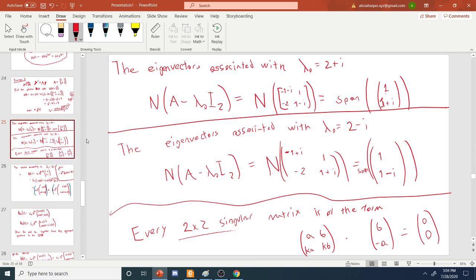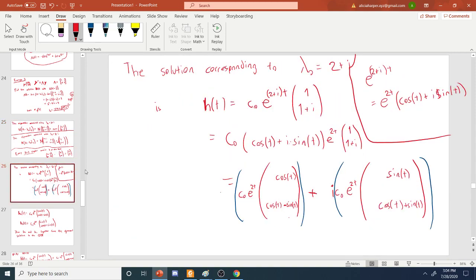So we find the eigenvectors, and then we use these eigenvectors to write down solutions. So in this case, we write down the solution h of t is equal to c naught times e to the eigenvalue times t times the corresponding eigenvector. We know that this is a solution, just in accordance with the general principle that we established earlier in the warm-up.